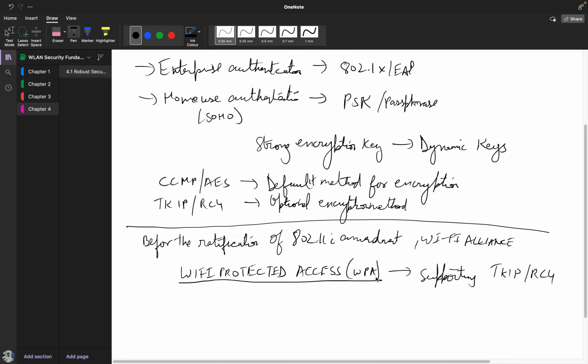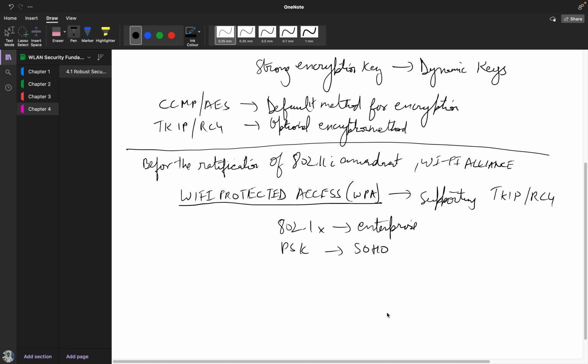And 802.1x EAP authentication was intended for enterprise, whereas PSK was suggested for small office, home office in this also.